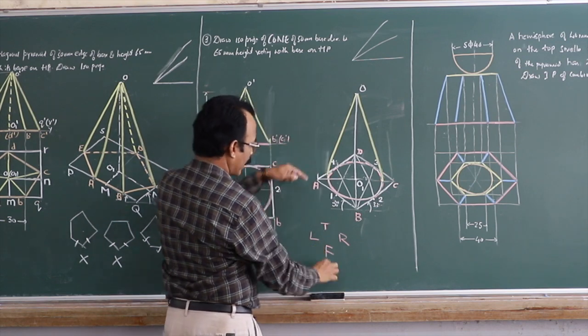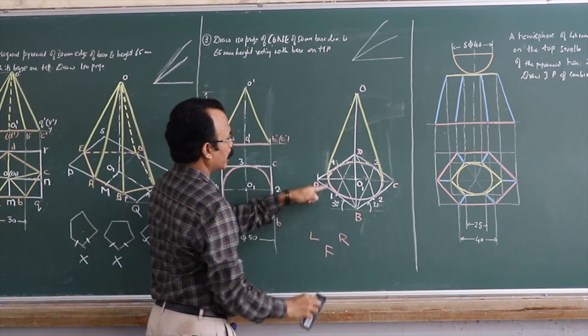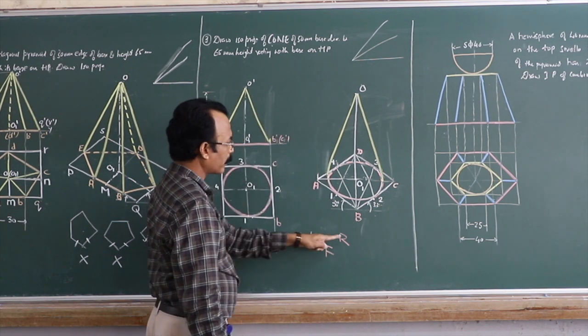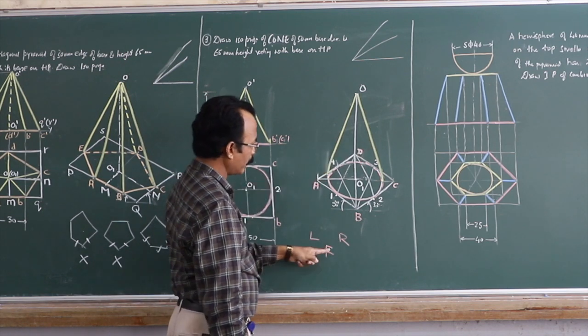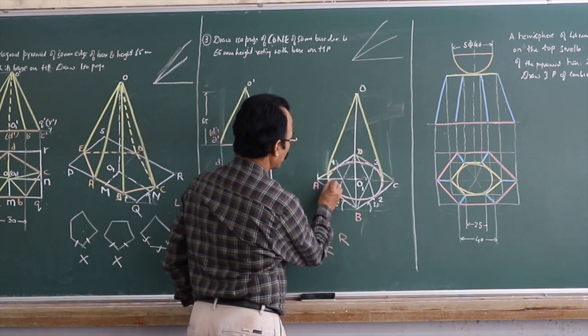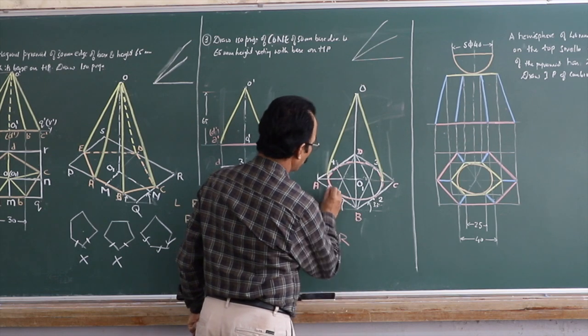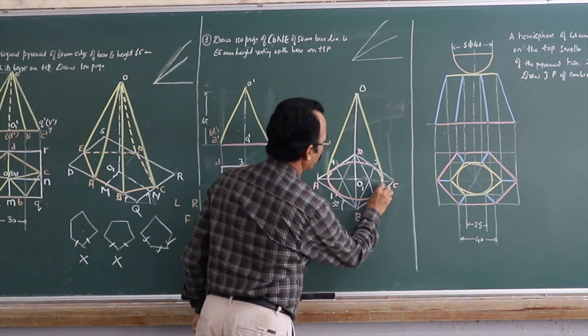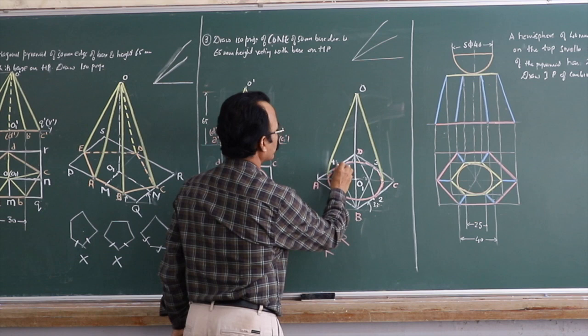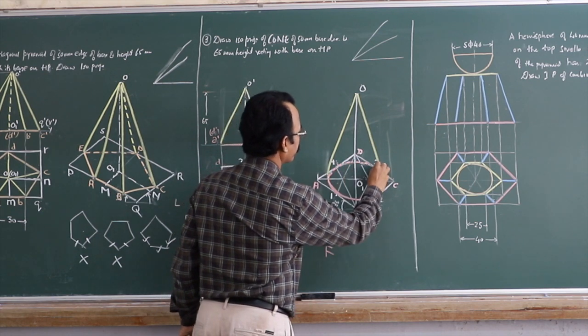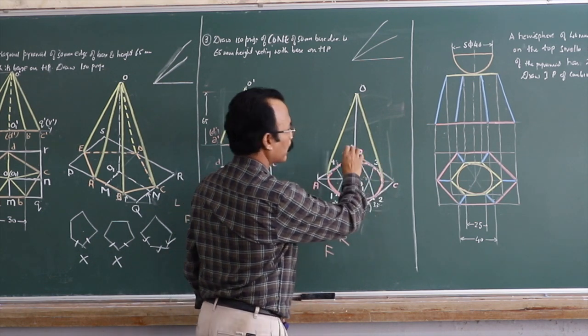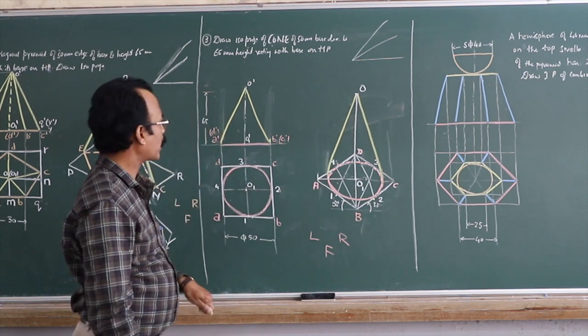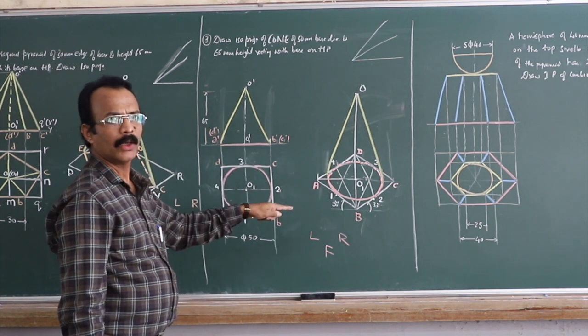Now the top, there is nothing in the cone. Left and right I have done. Then you take the front portion. When you take the front portion, only this part of the ellipse will be visible and the back portion will be hidden there. Okay. So this is how to draw the isometric projection of a cone there.